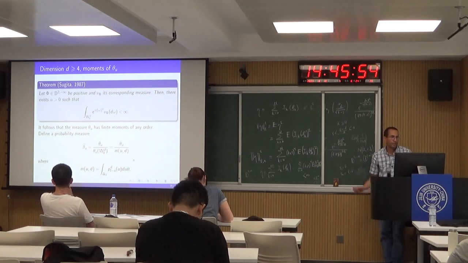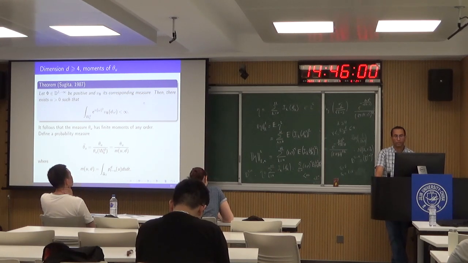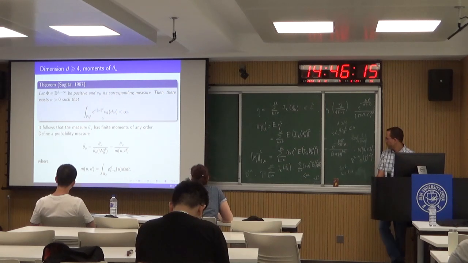If a generalized function is positive and we consider its corresponding measure, exactly as we did with the generalized local time of self-intersection, then there exists a positive alpha such that this integral converges. This is called the Fernique-type theorem.